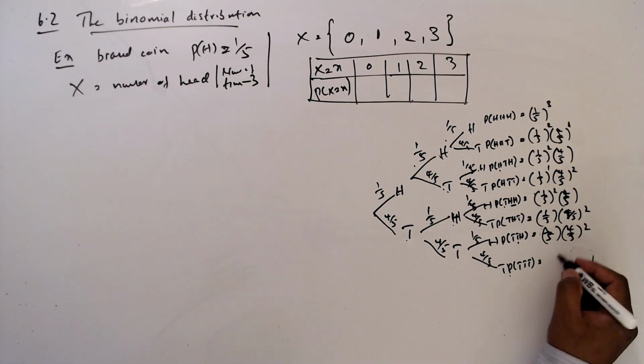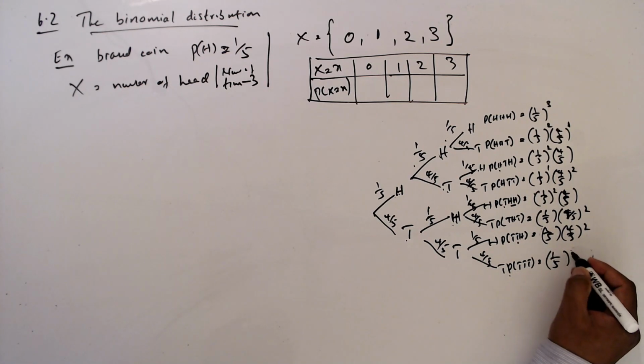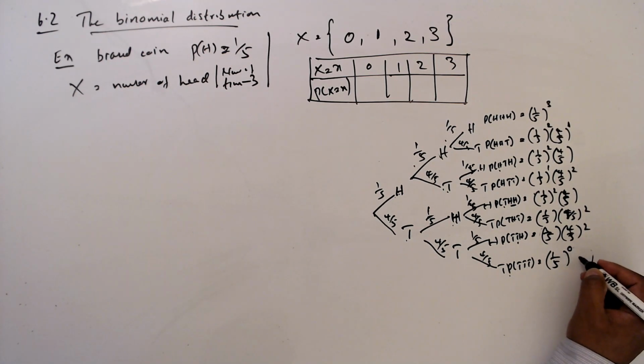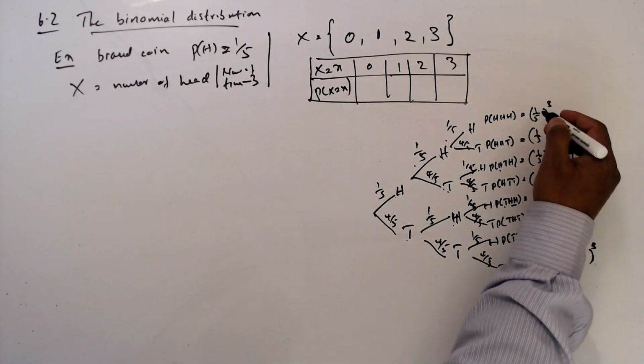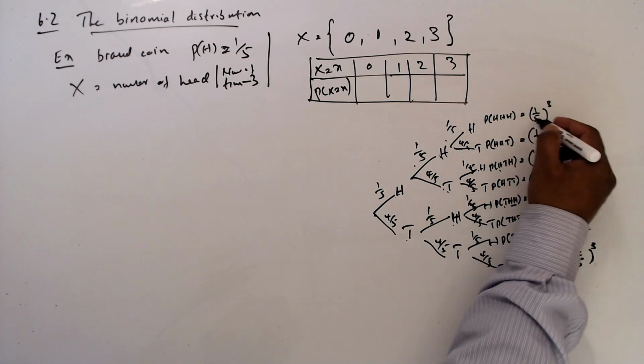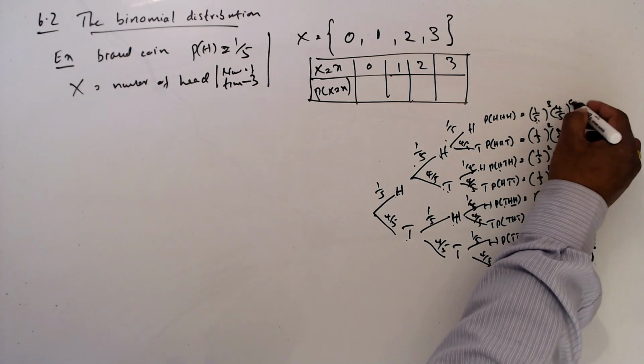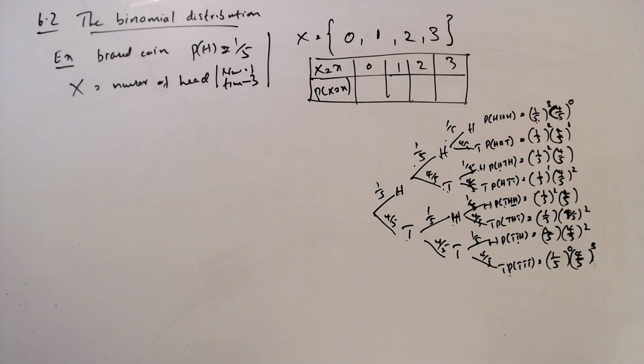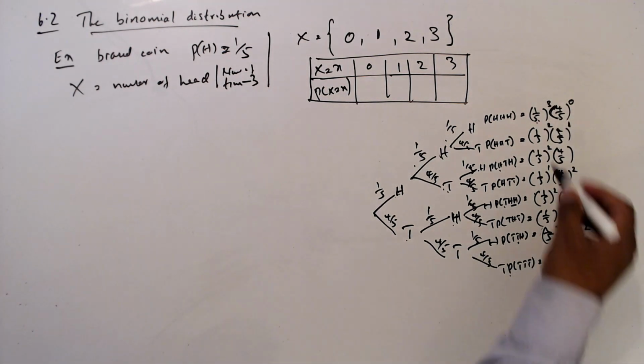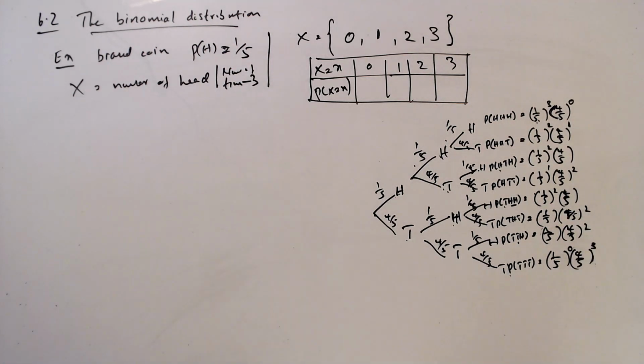This is all tails. This is 3 heads, (1/5)^3, and no tails, so (4/5)^0. That's how I match this one.